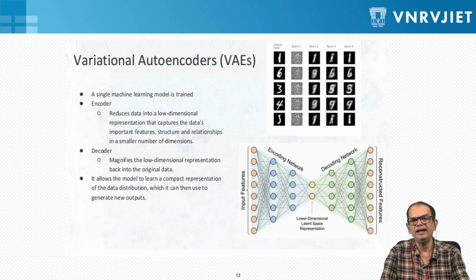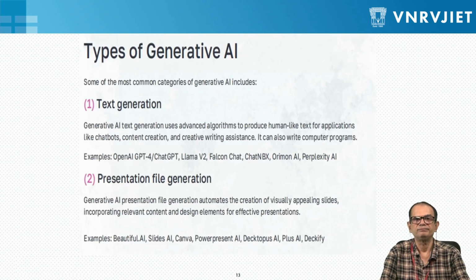So we need a decoding network. So this is MNIST data which we are passing through, and as you can see, encoding is done, and then subsequently decoding is done. These two architectures, GAN and VAE, are basically important for generative AI.